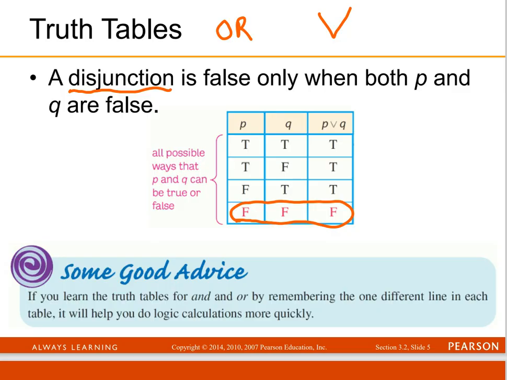And the kid's trying to get around it. So that's a big no-no. So that's a false. So as long as the kid is from class or from the neighborhood, it'll be a true. Or maybe the kid that lives in the neighborhood is also in class. It's still true. So that's what a disjunction is, and that's what you need to remember.